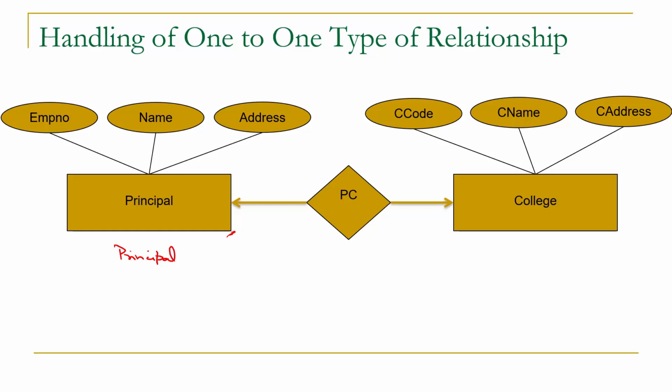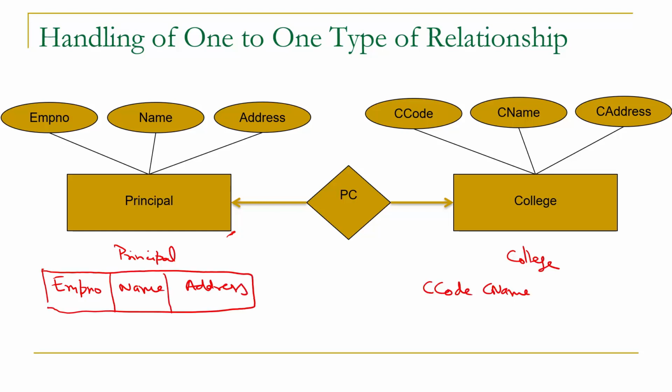In this case principal table will have only three columns, and the columns will be employee number, name and address. College table now has four attributes: three its own attributes, that will be college code, college name and college address, and the fourth attribute will be the primary key of principal entity set, that is imp number.